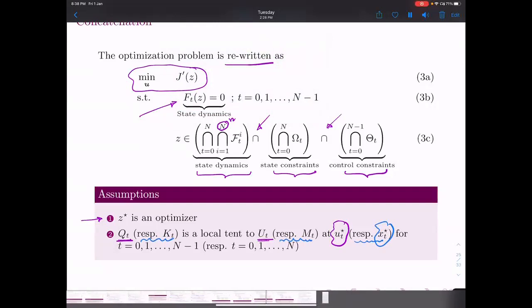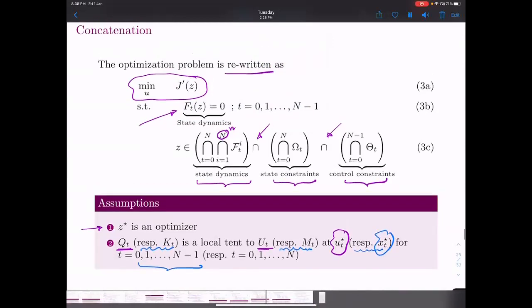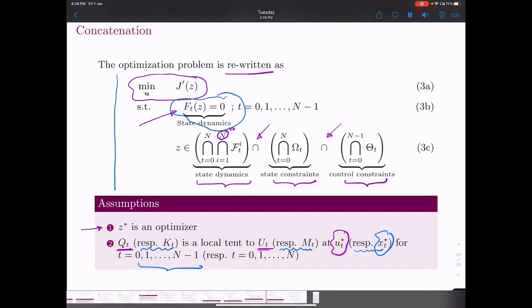And this happens for each of those stages. So this is how the entire problem has been converted to just a static optimization problem. This is now a static optimization problem because you have frozen this in this form.